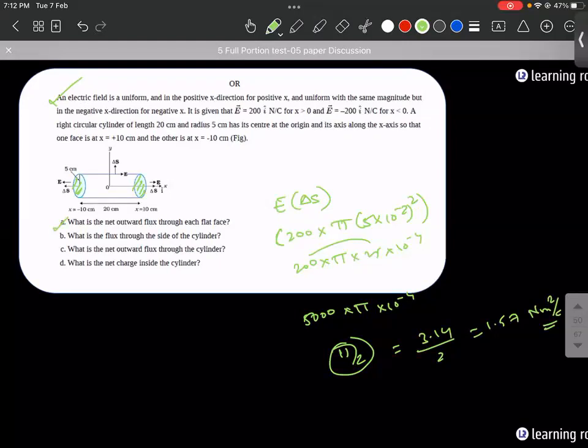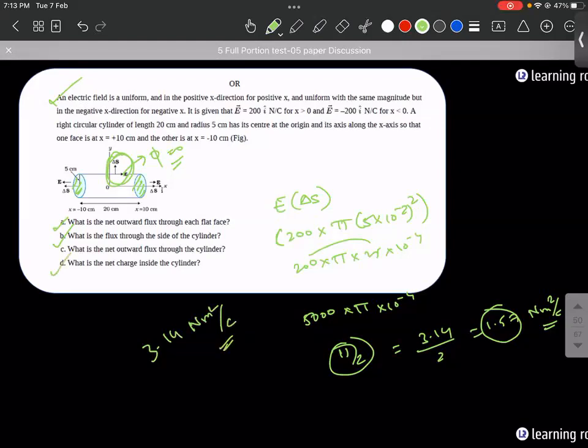What is the flux through the side of the cylinder? Side means this part. The flux is 0 because electric field and area vector are perpendicular. What is the net outward flux through the cylinder? Net outward flux is 2 times this value, which is 3.14 Newton meter square per coulomb.